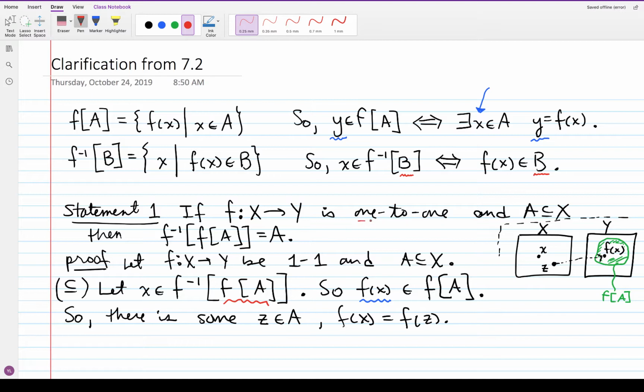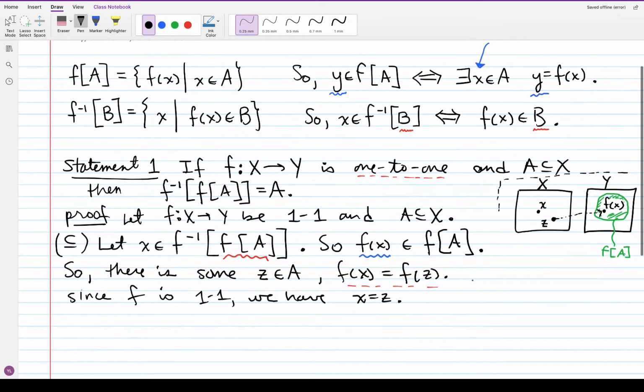So since f actually is one-to-one, I know that the images of x and z being the same is equivalent to x and z being the same. Since f is one-to-one, we have that x equals z.